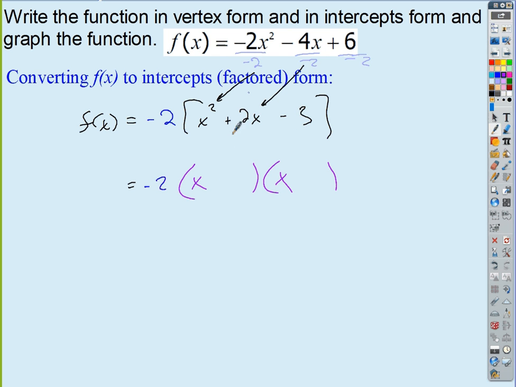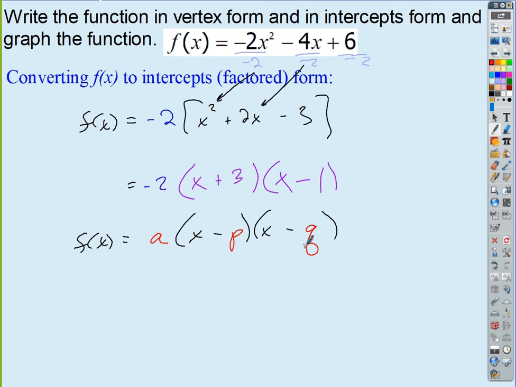The bigger one must be positive because they add to a positive, and the numbers are 3 and 1. So there, look, that's in the right form, isn't it? That's in the form that we were looking for, factored form, which is just a times x minus p times x minus q, right?